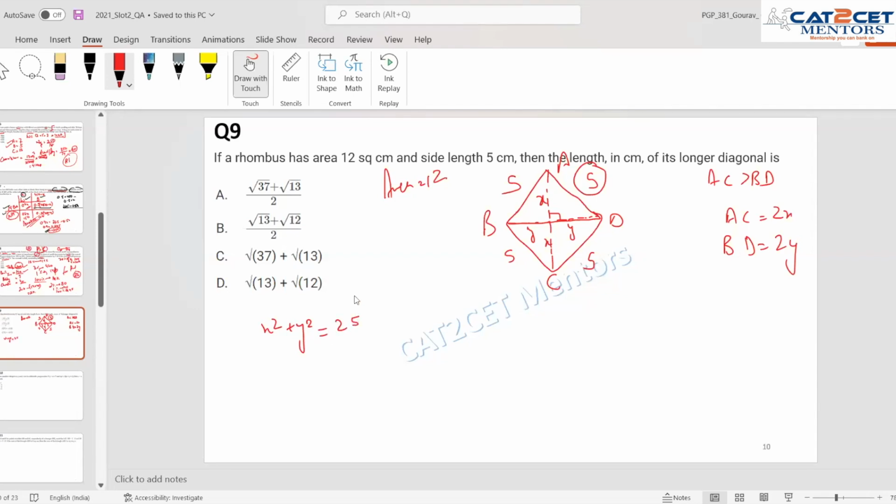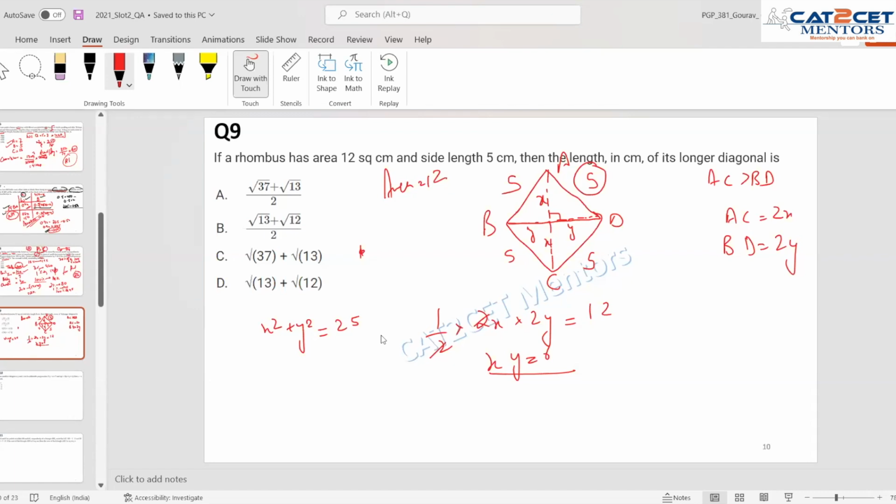And for area, we know half times d1 times d2, where the length of diagonal d1 is 2x and the length of diagonal d2 is 2y, and this equals the area, that is 12. Cancelling the common factor, it will be xy equals 6. We know xy equals 6, and we know x square plus y square equals 25. And we need to find the individual value of x or y.